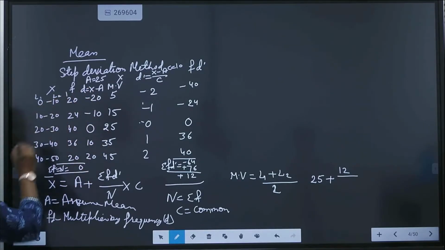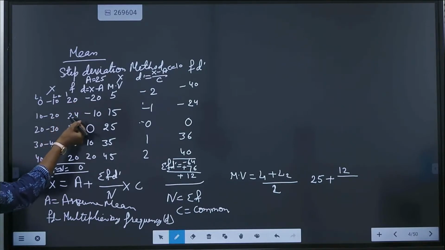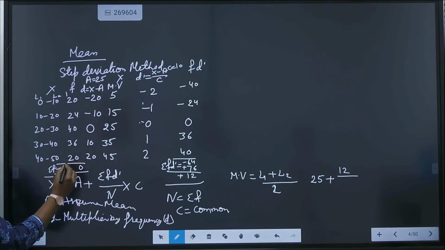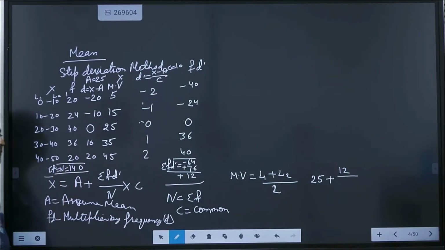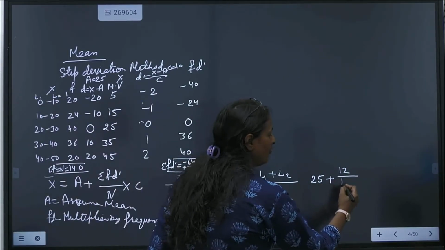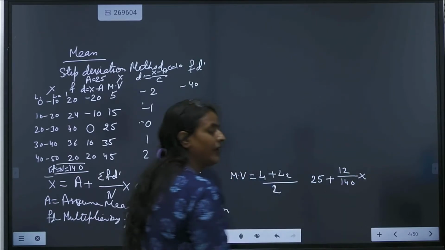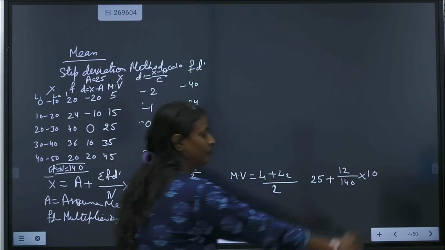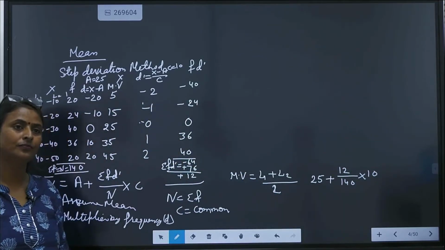Carry 1. 3 to 5, 9. Or 3, 12. Or to 14. It's 140. 12 upon 140. Into C is 10. Is it okay right now?